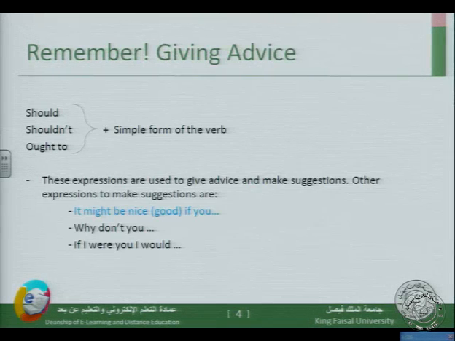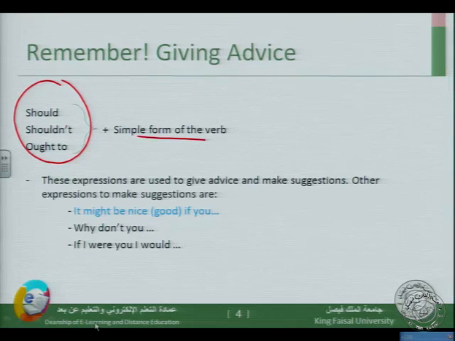Let us first start with a reminder, giving advice. Do you remember last time we talked about how to use should and shouldn't and ought to, followed by the simple form of the verb, to give advice? For example, if someone is sick, you should give him advice.